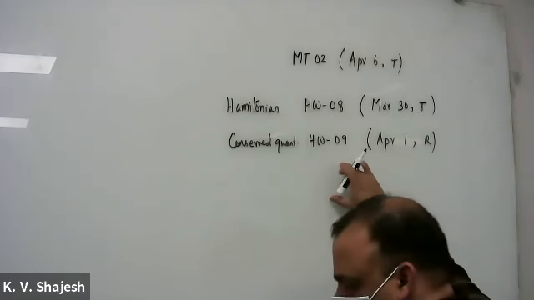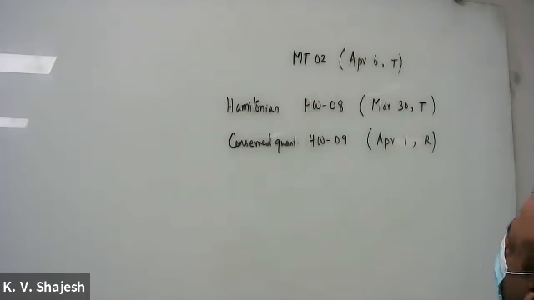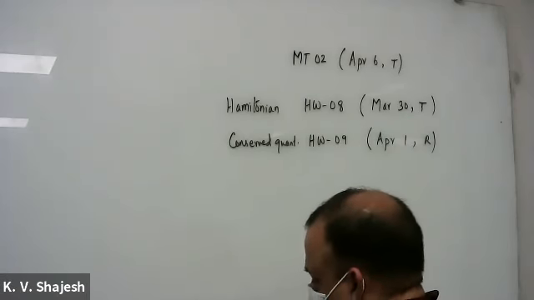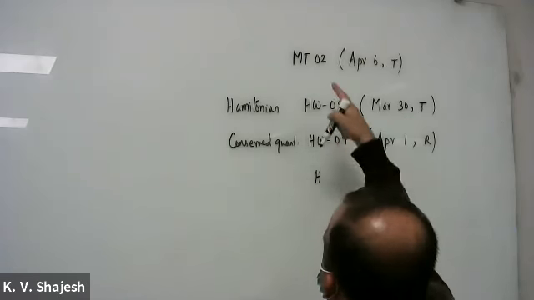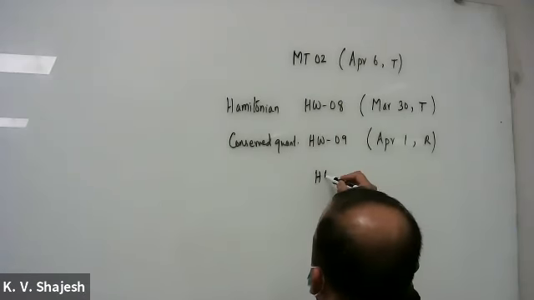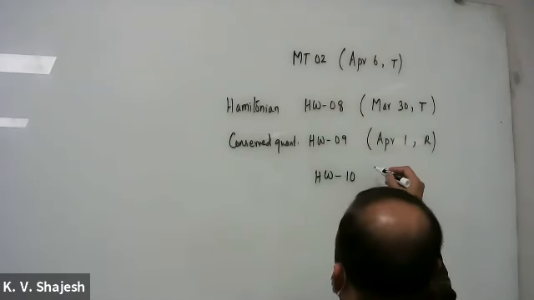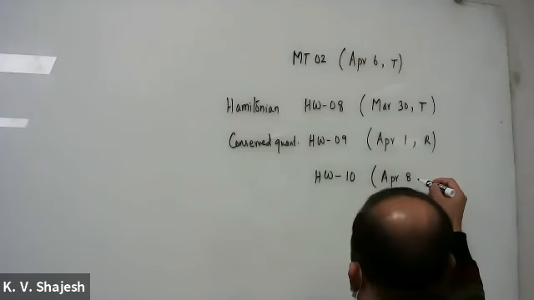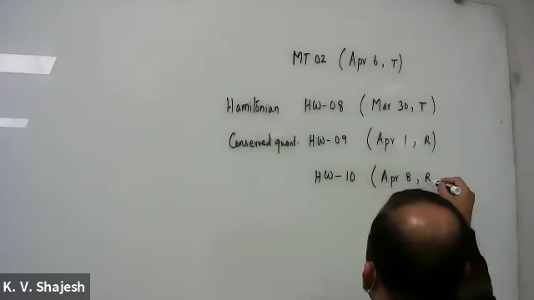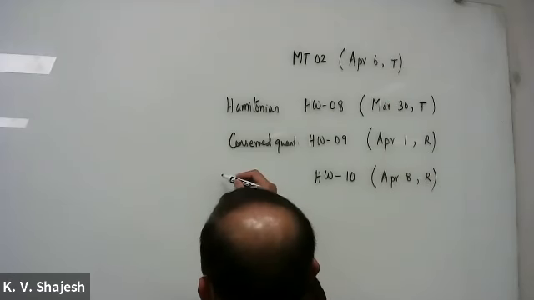I was thinking of skipping what is called Lagrangian multipliers. But instead, it strikes me that I can do Lagrangian multipliers as another homework, and I'll cover that in the lecture for the midterm. So there will be homework 10, which will be due after April 8th, and this will be on Lagrangian multipliers.